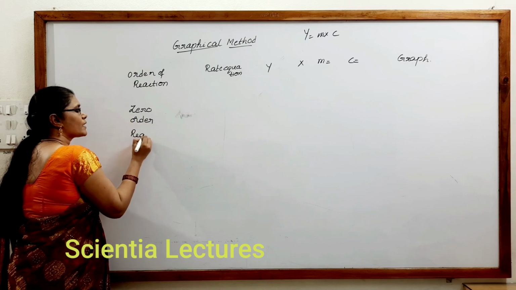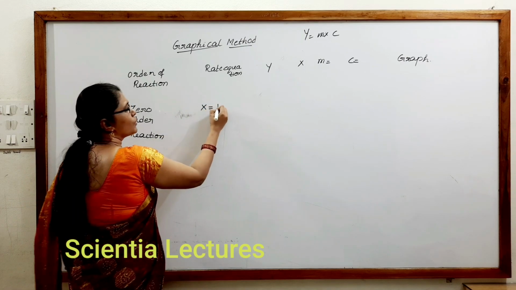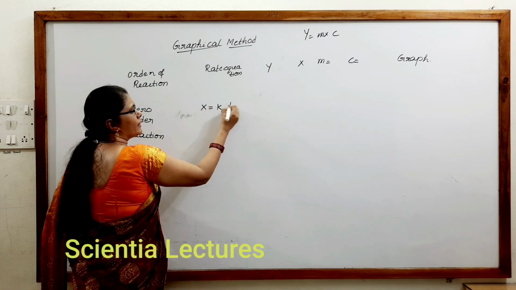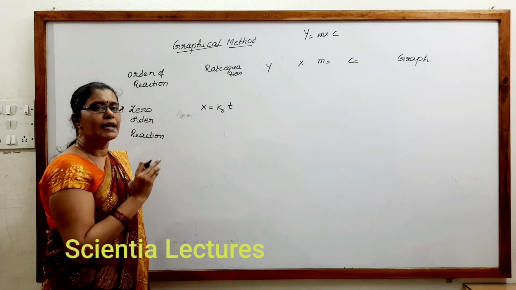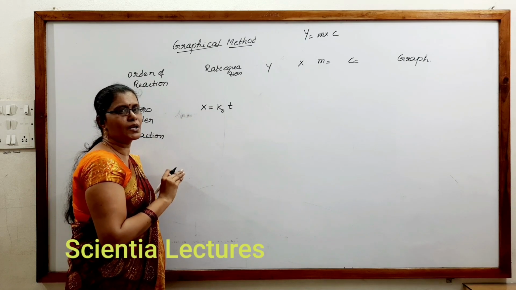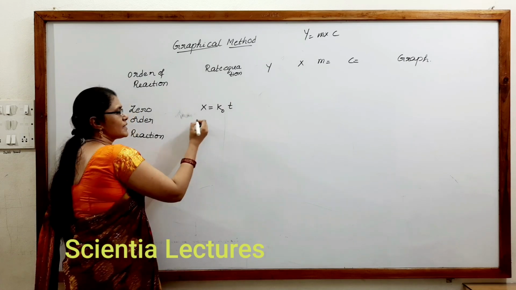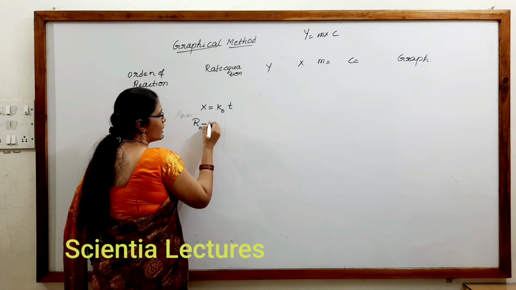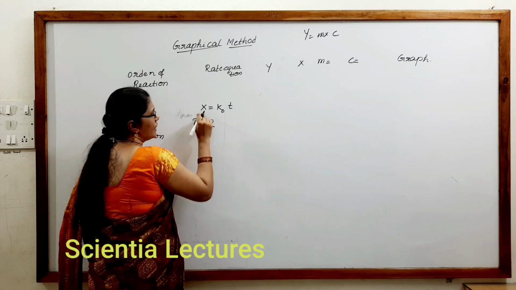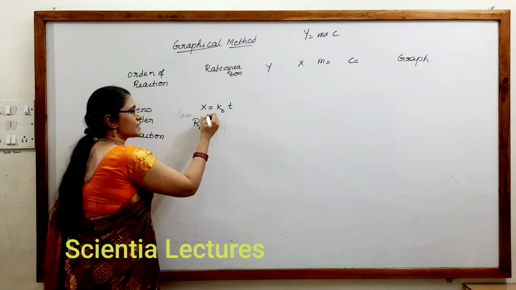Do you remember what is the rate equation we have derived? X equal to K naught T. What is X here? Reacted amount. That is initial concentration minus remaining concentration. Suppose its initial concentration is R naught, remaining amount is R, X is R naught minus R. That is the reacted amount.